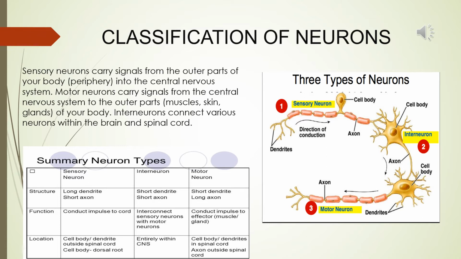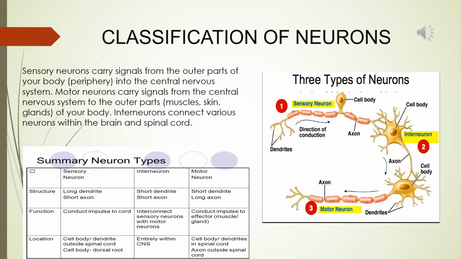Structure, function and location. First one is long dendrite, short axon. Second one, short dendrite, short axon. And the third one, short dendrite, long axon. Function: first one, conduct impulse to cord. Second one, interconnect sensory neurons with motor neurons.